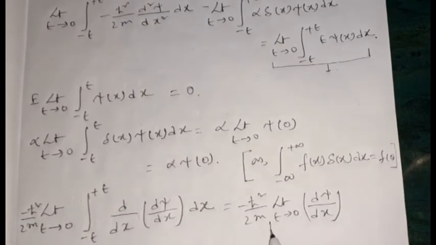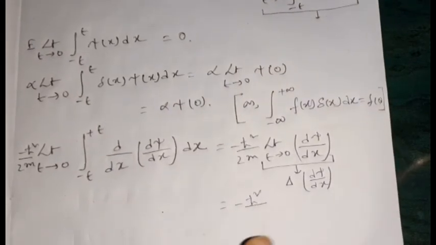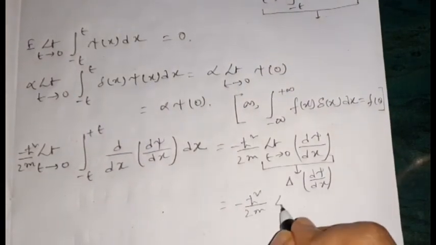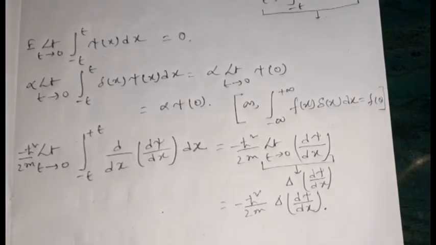So I am going to write this term as delta d psi dx, times twice m over h cut square.